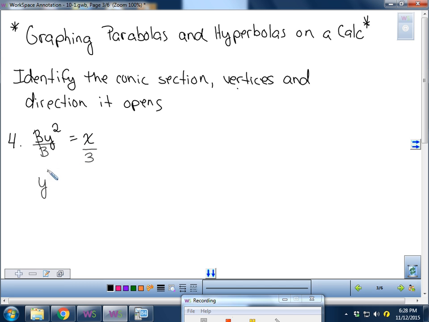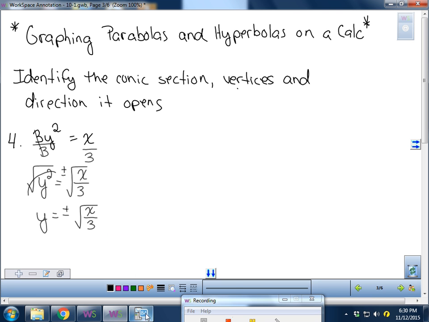That'll leave us with y squared equals x over 3. And then we'll have to square root. Again, we're not worried about simplifying. We're going to graph it anyways. Don't forget your plus minus. So we get y equals plus or minus the square root of x over 3.